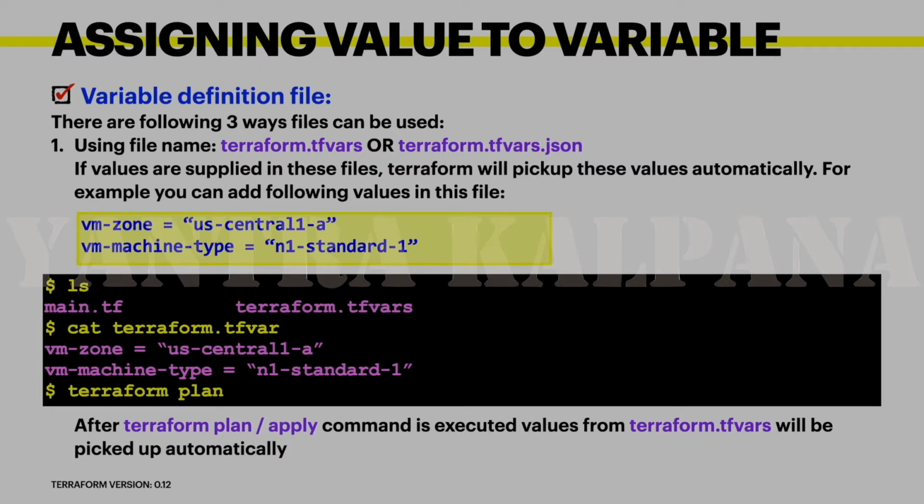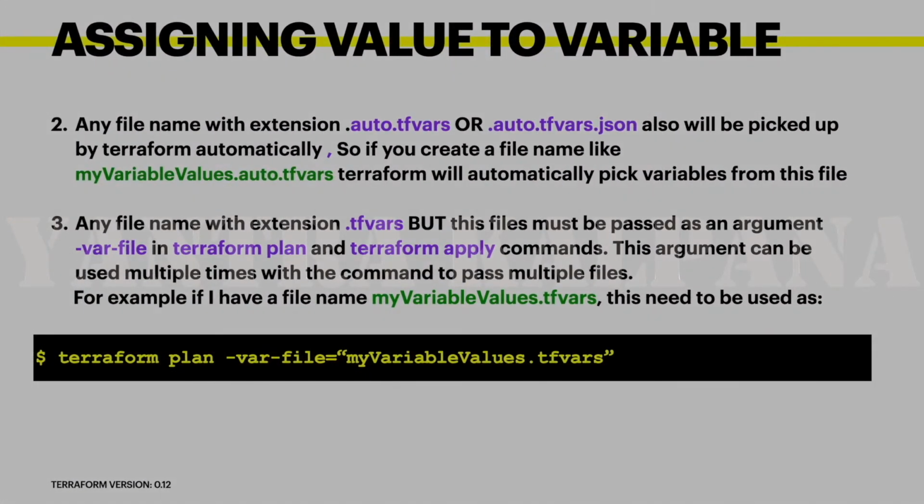For example, if you define these values in the file as given in the yellow box here, and then you run terraform plan, it will not look for any further argument. It will pick up all the variables from terraform.tfvars. The second way of assigning the values is that you can have any file name with the extension .auto.tfvars, or in the same way .auto.tfvars.json.